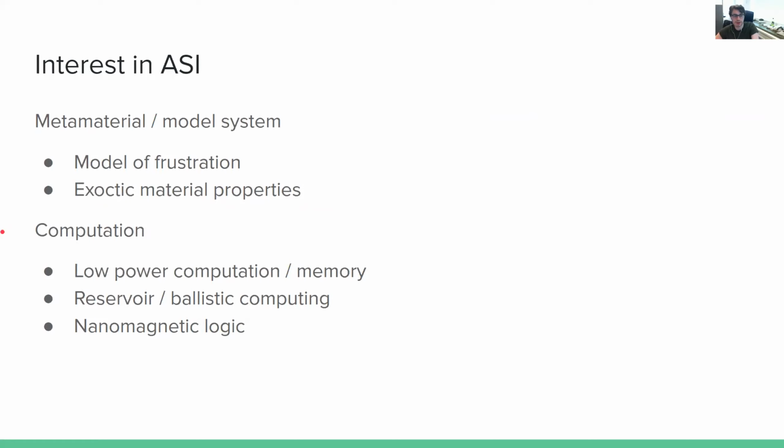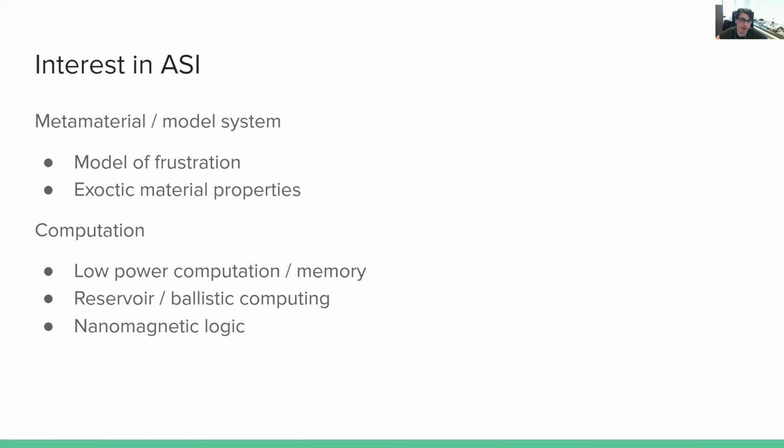But more interesting to us, perhaps, is the idea of computation. As I mentioned, the spins in the lattice self-organize, and through these local interactions we get different emergent global properties. Anytime we have local interactions and emergence, it's a sign that there might be fertile ground for unconventional or material computing.